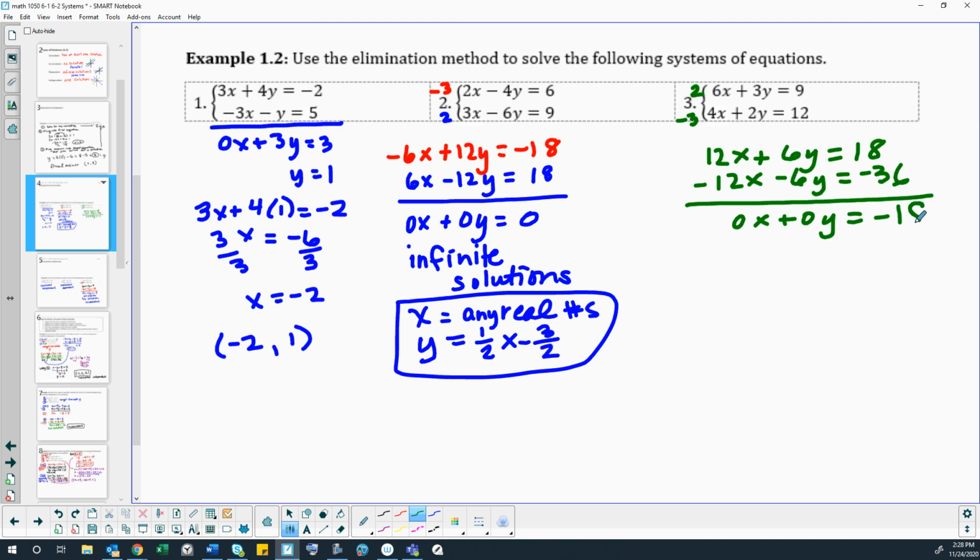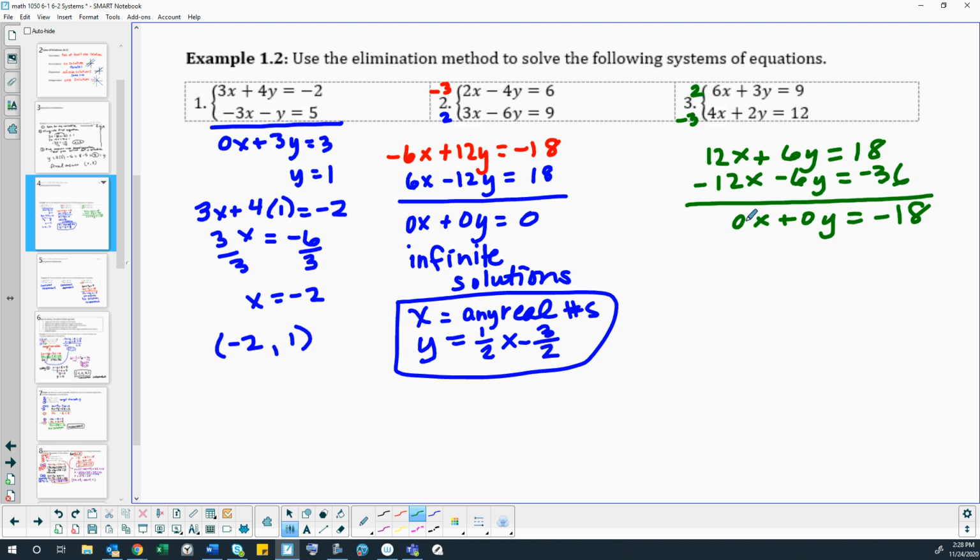Only this time it doesn't equal 0. Okay, let's compare this answer to this. So over here we got 0x plus 0y equals 0. It doesn't matter what x and y are, this will be true, because 0 times whatever x is plus 0 times whatever y is will in fact equal 0. Always, right?